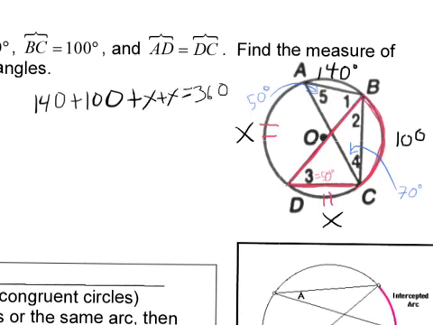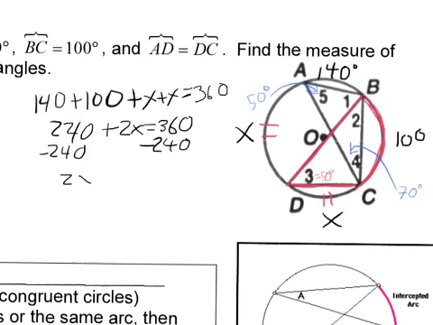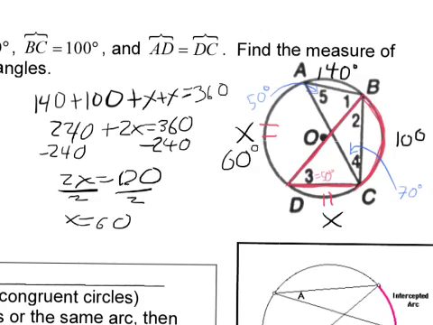And then from there, I'm just going to do some algebra. 140 plus 100 is 240, plus 2x equals 360. Subtract 240 from both sides, and I'm going to get 2x equals 120. And divide by 2, I'm going to get x equals 60. Okay, so this is 60 degrees, and this is 60 degrees.